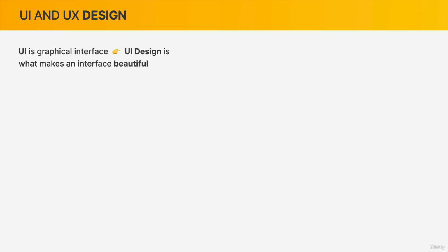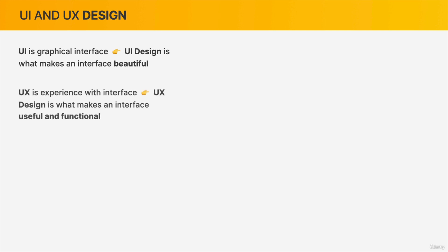And in the same vein, if UX is the user experience, then UX design is what makes an interface useful and functional. That makes sense, right? And so this is what this lecture is all about. It's about learning some rules to design interfaces that are easy for your users to use.